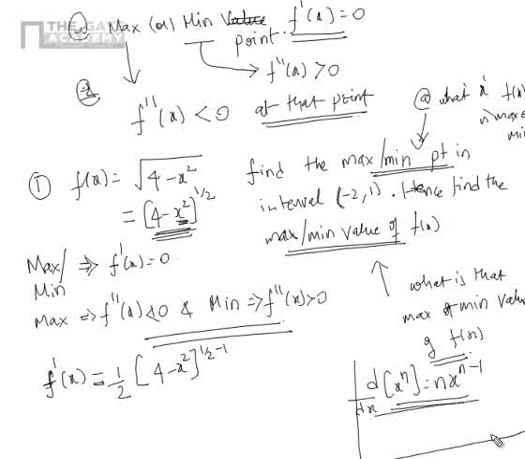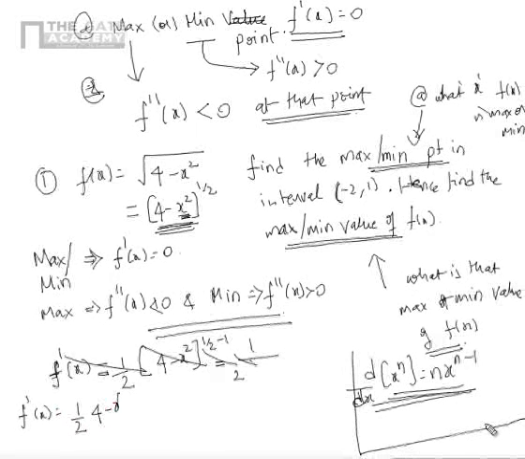So this is the relation we are applying. Okay, so upon simplification, let me rewrite it clearly. F dash of x will give me 1 by 2 4 minus x square the whole power 1 by 2 minus 1 into the derivative of minus x square.